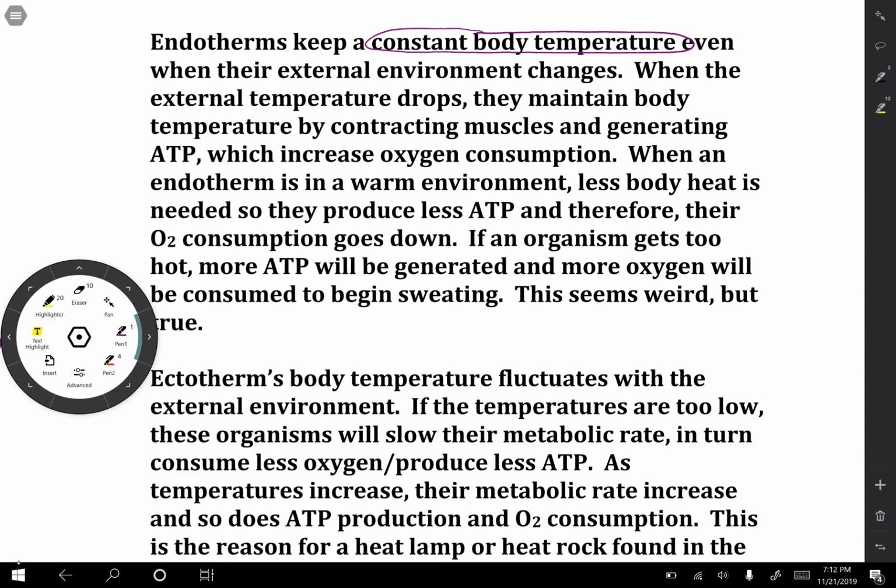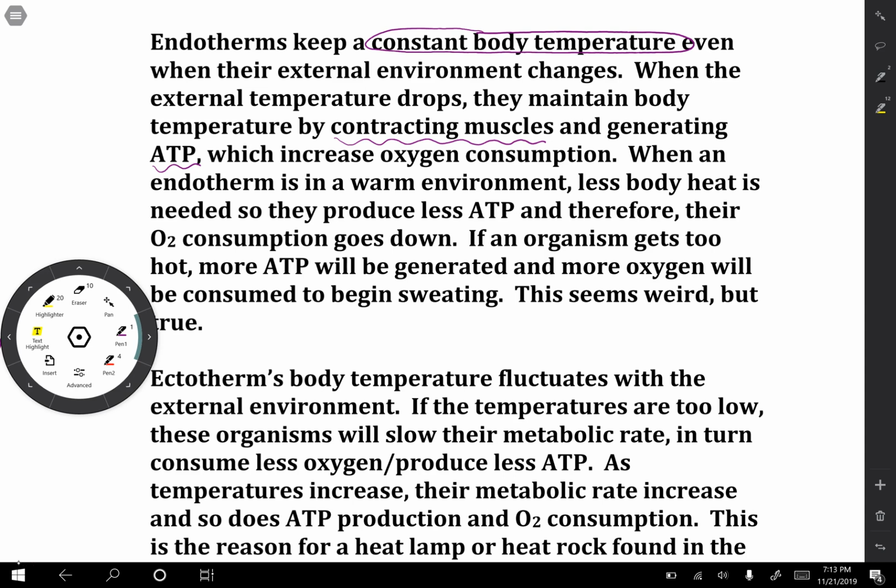So if the external temperature drops, let's say you're outside in a t-shirt and it's November-ish, in order to maintain your warm internal body temperature, you've got to start to do something. You're going to start to contract some muscles, and you're going to try to generate some ATP. And we call that shivering. So as our outside temperature drops, we try to maintain our internal temperature by shivering.